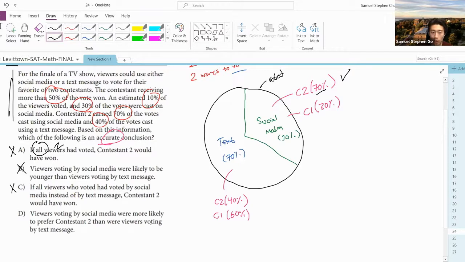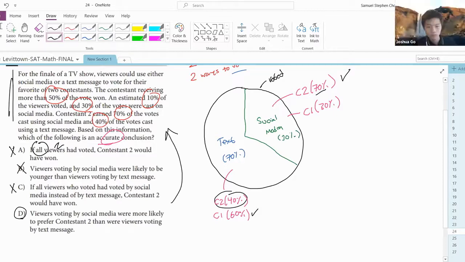Then were viewers voting by text message? Well, voting by text message, contestant 1 was actually winning. So that is also true. Contestant 2 was less likely to win the texting voters as opposed to the social media voters. So this is literally a restatement of everything in here. So this is the best conclusion.